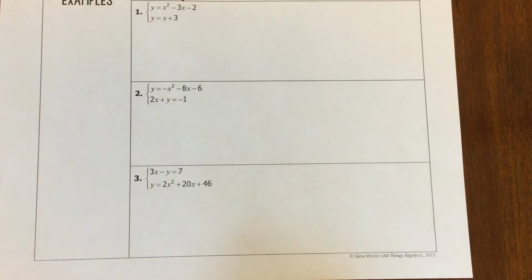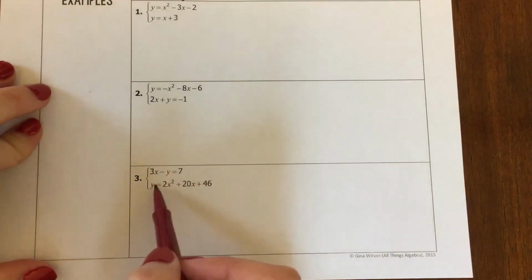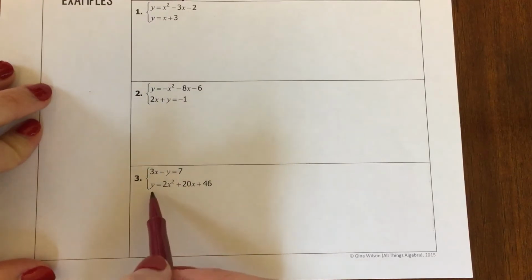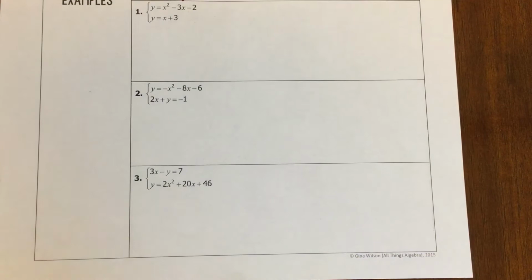Another choice would be, looking at how these y's are nicely lined up on the left-hand side, the negative y and the positive y would cancel out. So that would actually be a great option as well. As I'm talking it out loud, I've just decided that the elimination method is actually my preferred choice here. But like I said, you could absolutely make it work either way. You're going to get the same answer either way.